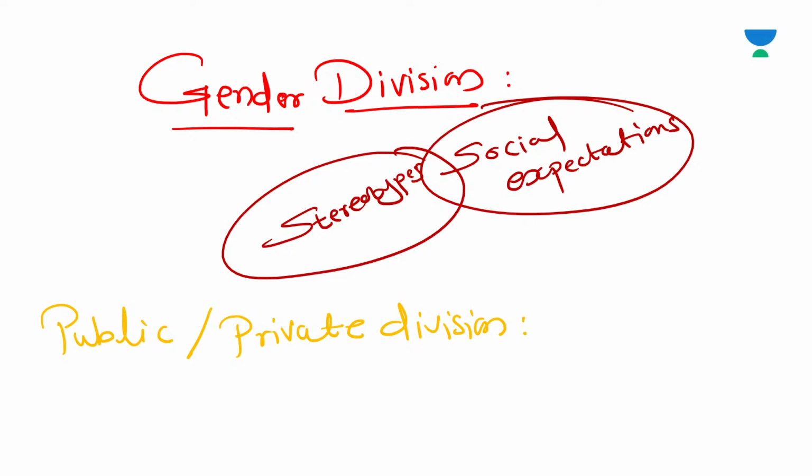So this is reflected in a sexual division of labor. Sexual division of labor is a system in which all work inside the home is either done by the women of the family or organized by them through domestic helpers.